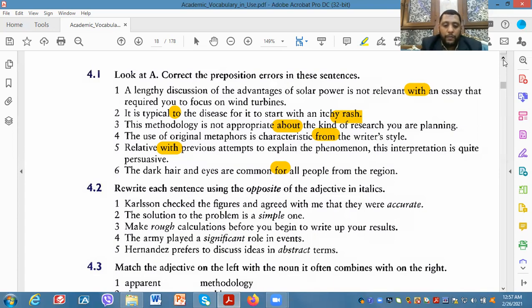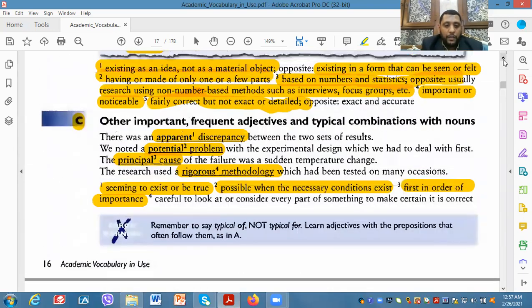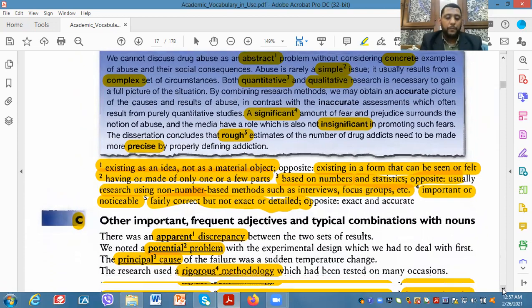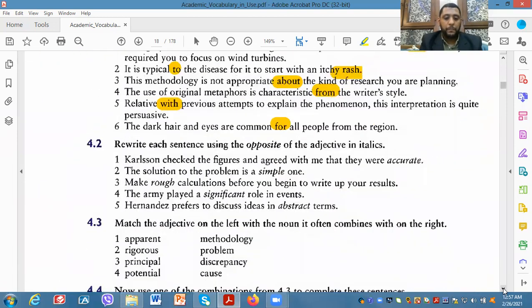This is the opposite of simple, complex. Complex is the opposite of simple. So the solution to the problem is a complex one.